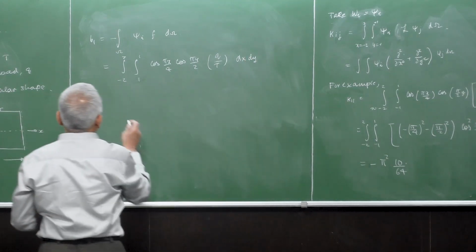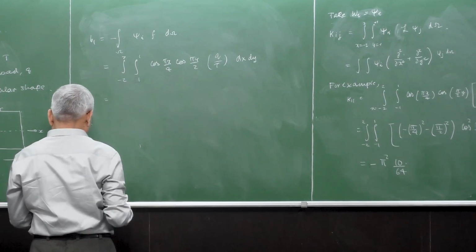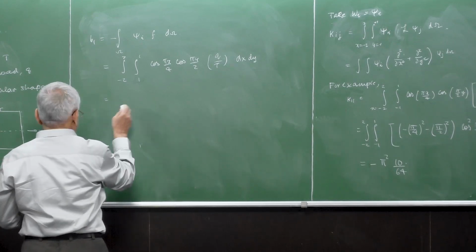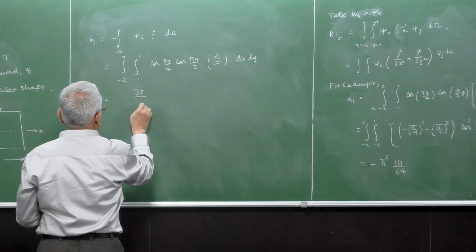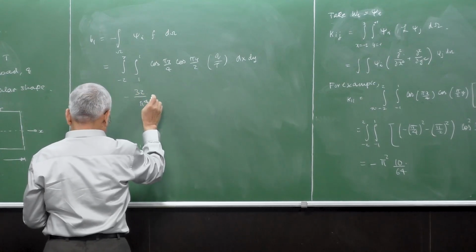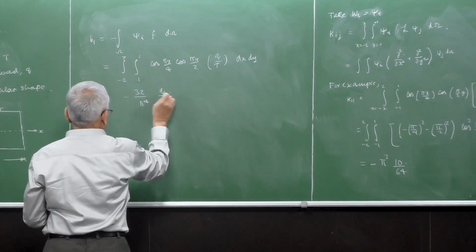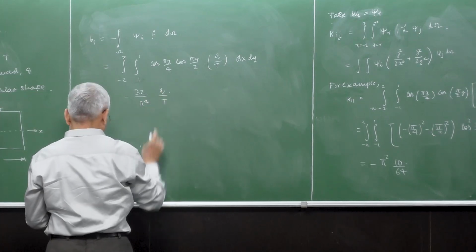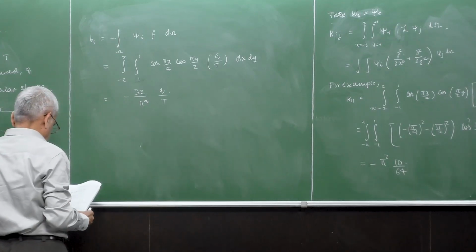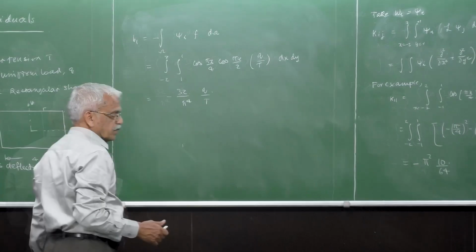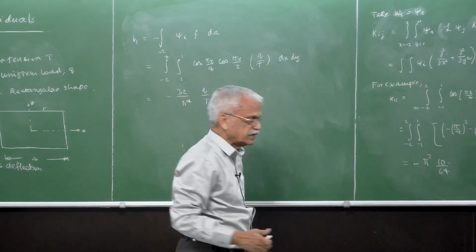What we have here is minus 32 by 5 by 4, 2 by t. So this is B1. Similarly, we can calculate all the other terms.